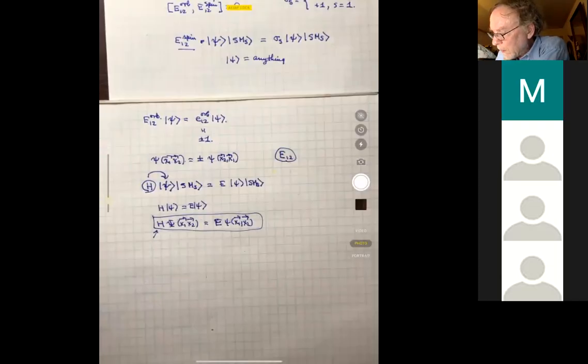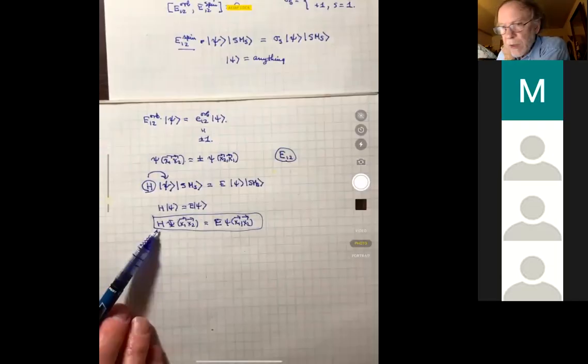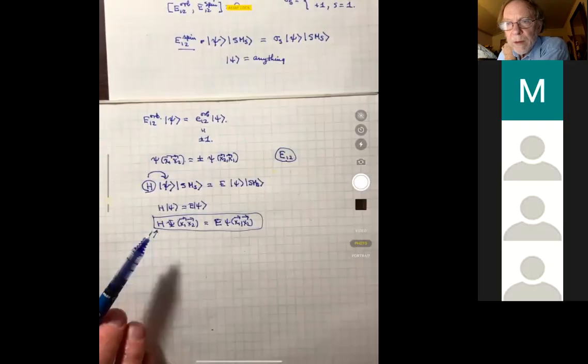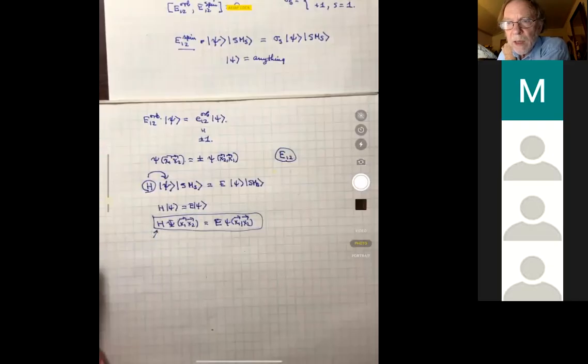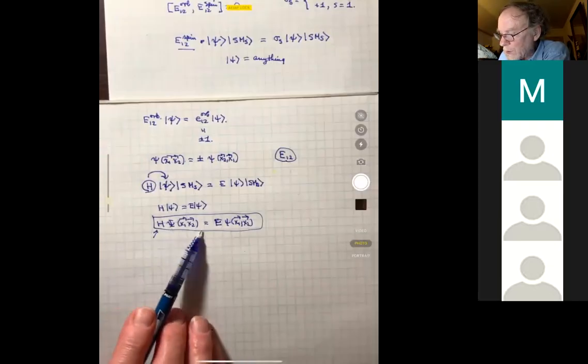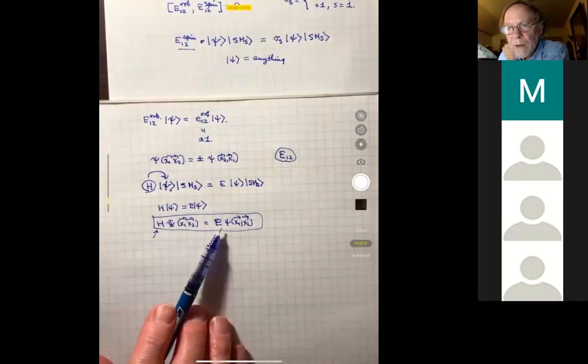Now, this is the hard part. This is where we really need to deal with the nitty gritty of what this Hamiltonian looks like. But it's now a purely spatial problem, and the spin has disappeared. So this gives us a program for finding solutions that satisfy the symmetrization postulate. We solve this equation as a purely spatial eigenvalue eigenvector problem.